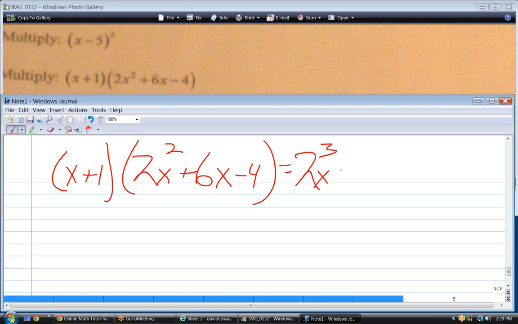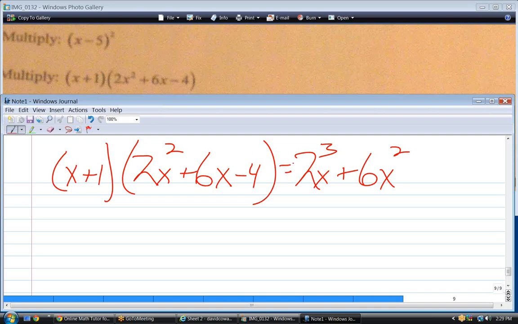And then you'd have 6x to the second. Plus or minus? Plus. You see why we need to say plus? Sometimes you need to say it, sometimes you don't. You didn't need to say plus in front of the first term, because the first term wasn't being added to anything.